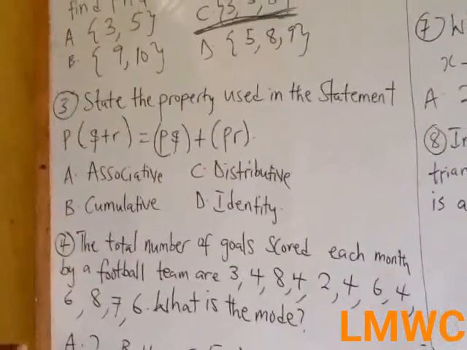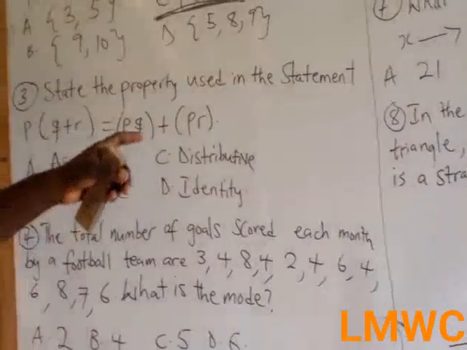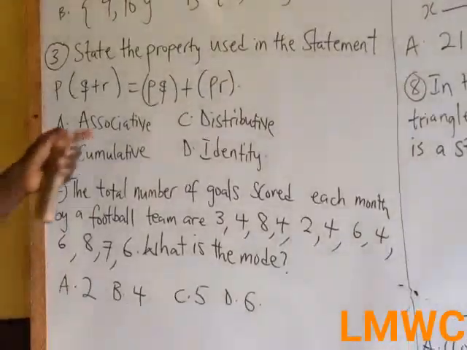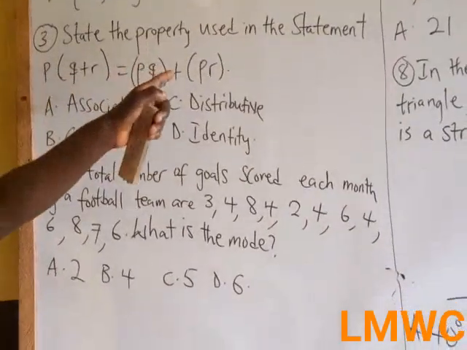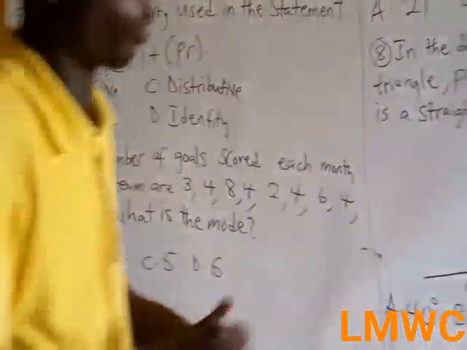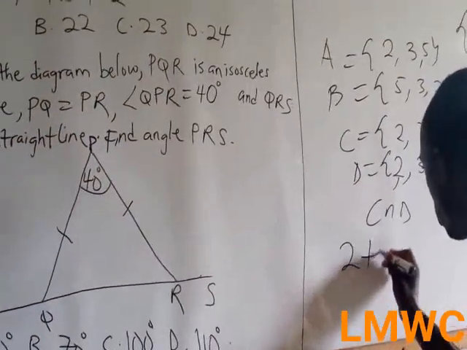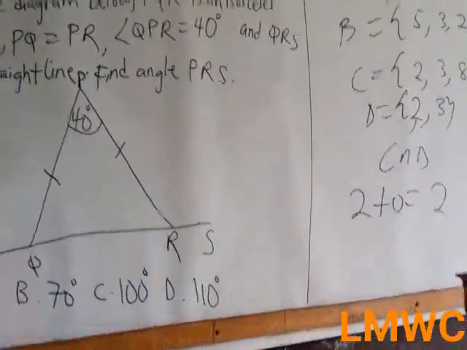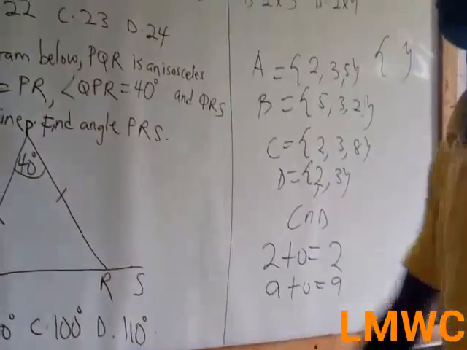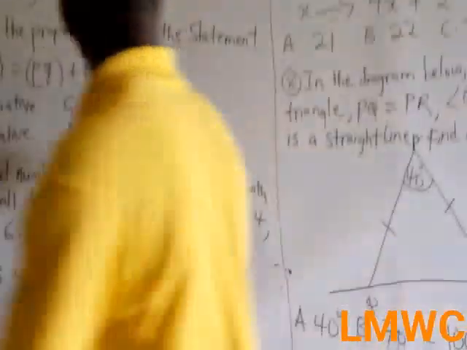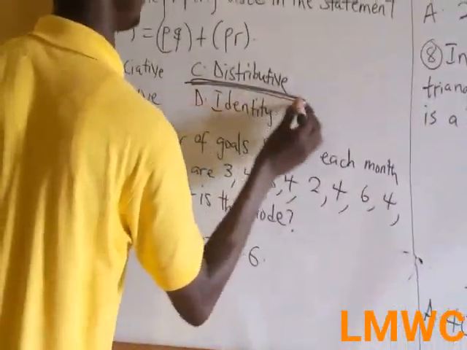The combination of 2 operations, that's multiplication and addition, is distributive property. For associative, it involves 3 numbers but the same operation. And for identity, whenever a number is added to 0, it's equal to the same number. Or A plus 0 is what? A. And that's not identity. So our answer is distributive, because this involves multiplication and addition.